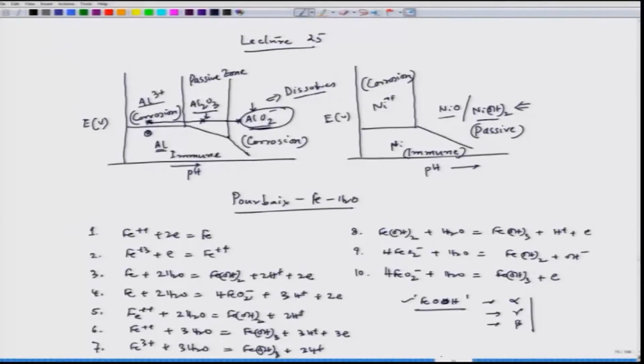Now, if I try to see the schematic diagram for iron system, let us see what the schematic diagram would look like.